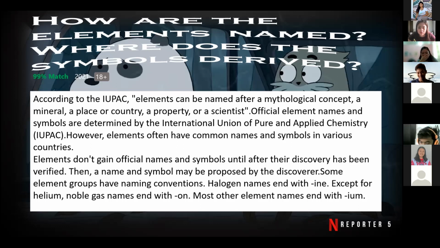Elements don't gain official names and symbols until after the discovery has been verified. Then a name and symbol may be proposed by the discoverer. Some element groups have naming conventions, like halogen names end with -ine, except for helium, noble gas names end with -on, and most other element names end with -ium. And next slide.